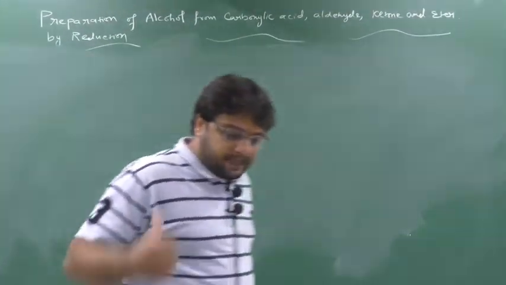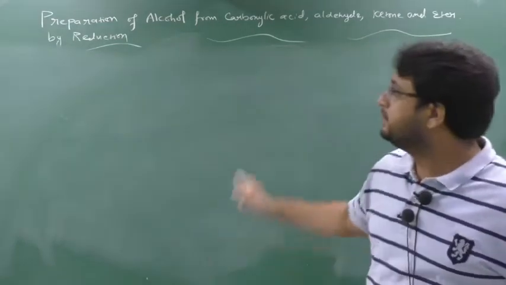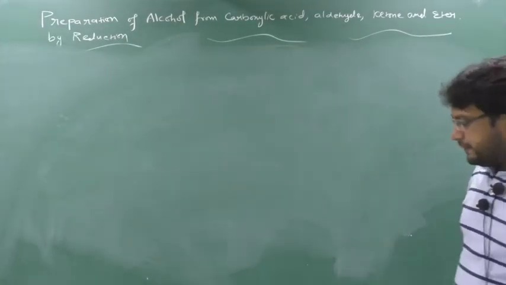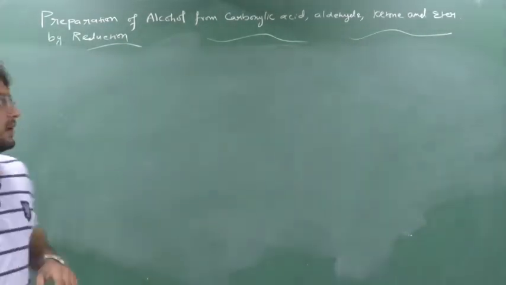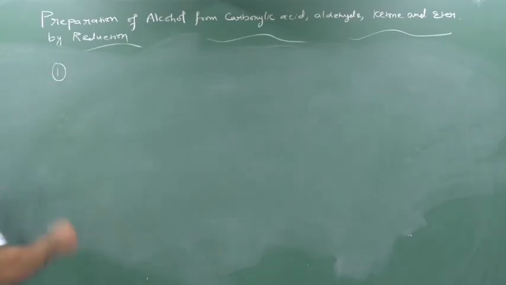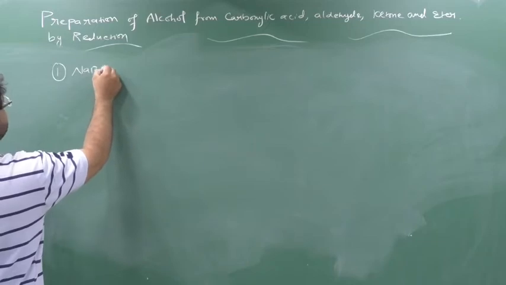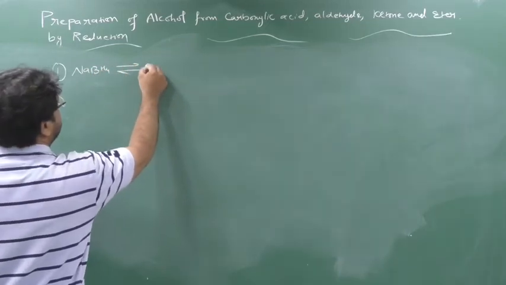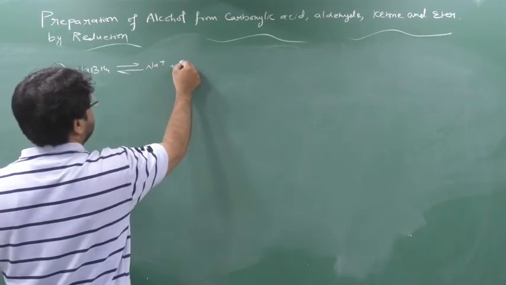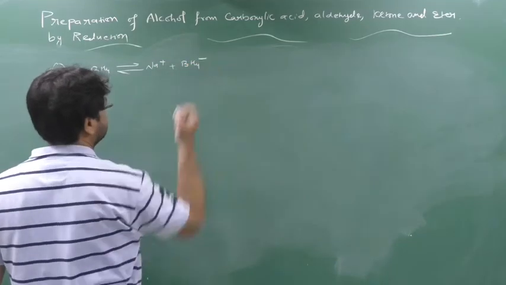So hello everyone, now we will see its mechanism. So first step in mechanism, see here, either we take sodium borohydride or lithium aluminum hydride. I am taking here sodium borohydride. This will split into Na plus and BH4 minus.